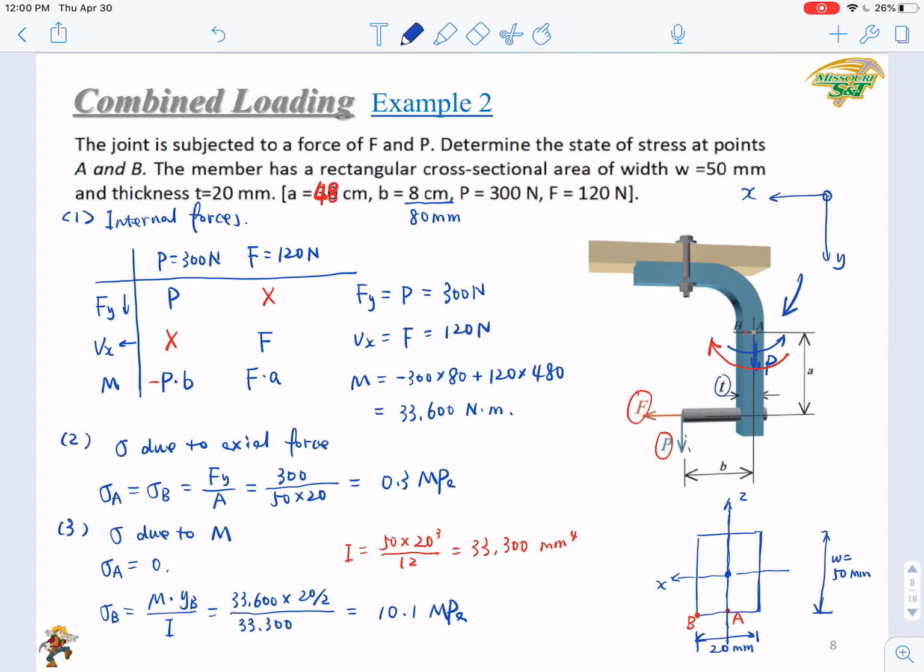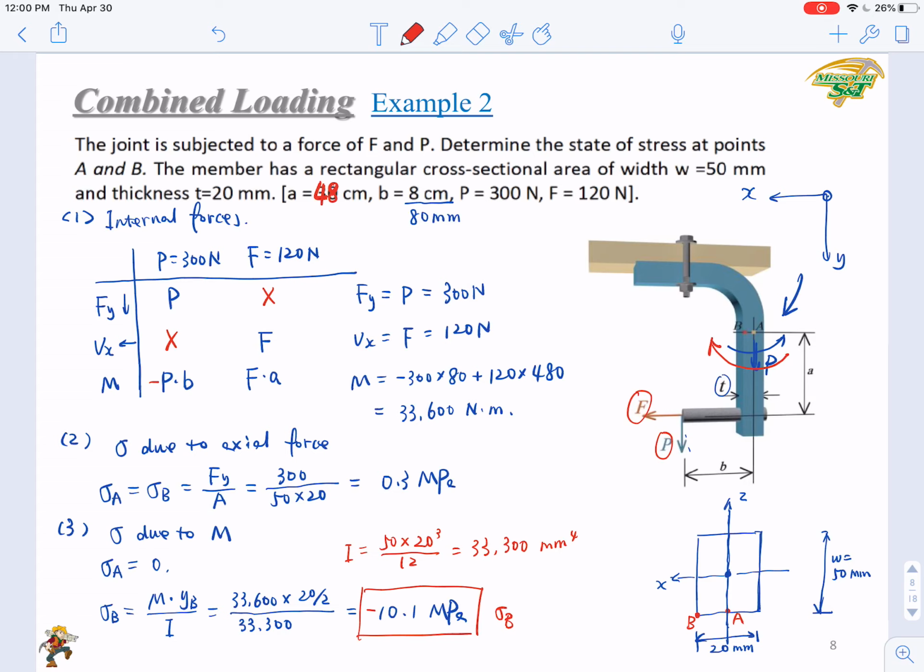So the resultant bending moment is along the red direction. That means at the left-hand side, at point B, it will be in compression. So the calculated value 10.1 will have a negative sign. This is sigma B.